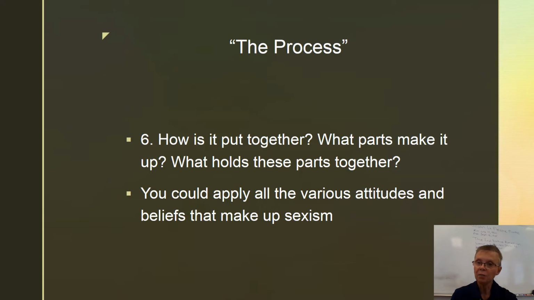How is it put together? What parts make it up? What holds these parts together? You could apply all the various attitudes and beliefs that make up sexism. There are several. I'm not a sexist, but my guess would be a sexist person might think women aren't as intelligent as men, can't do the same kinds of jobs men can do, are the weaker sex, or the inferior sex.